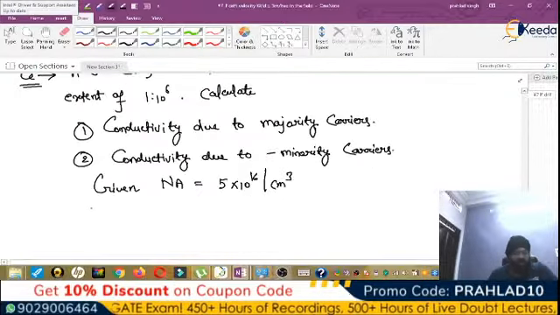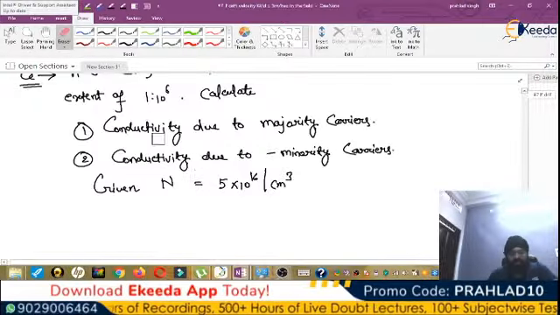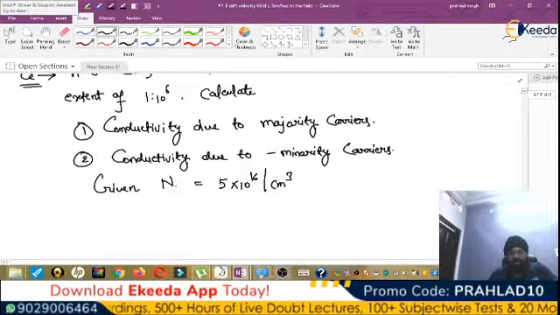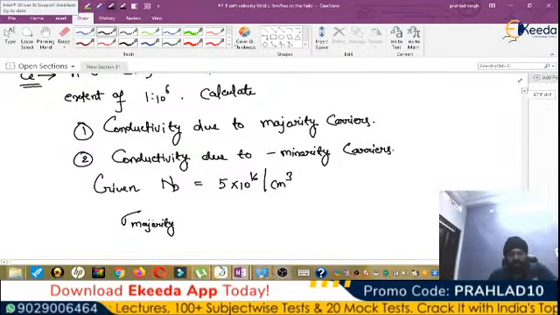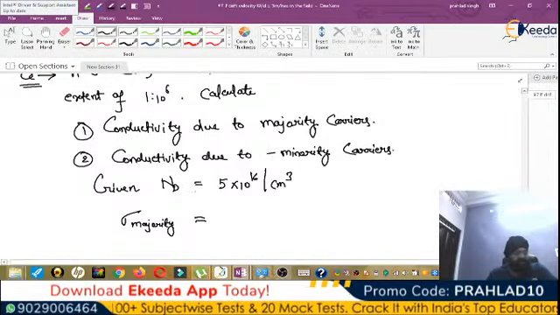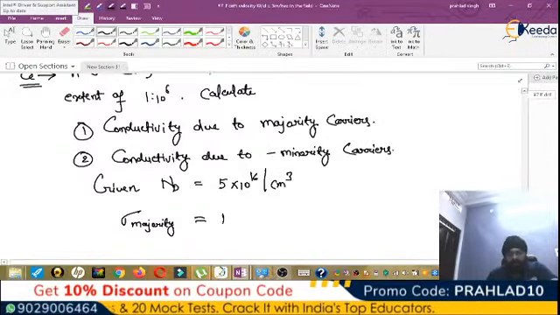So the conductivity, I'm sorry, this is Nd. The conductivity due to majority carriers is Nd q into mu n.